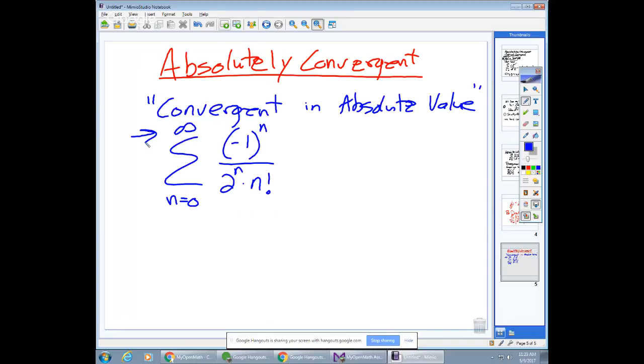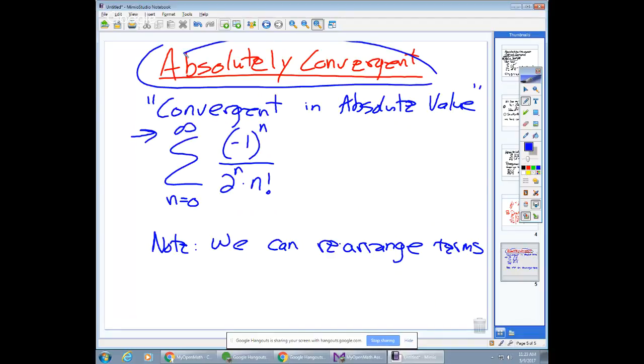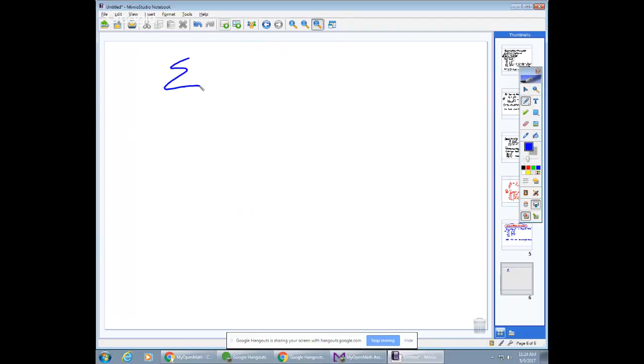So there are some series that are not convergent in absolute value. Okay, so just a note here, we can rearrange terms because it converges in absolute value. An example of a sequence that this didn't work so well for: the sum as n goes from 1 to infinity of -1 to the n plus 1 over n.